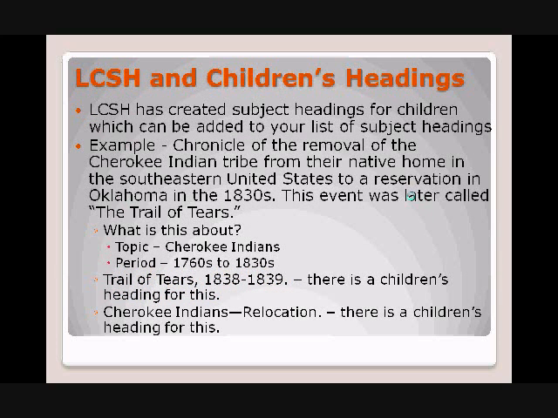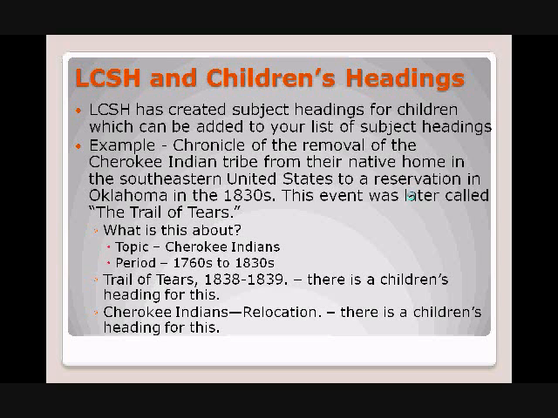Now, the Library of Congress has created subject headings for children, and these can be added to your list of subject headings. For example, there's a book about the removal of the Cherokee Indian tribes from the southeastern United States in the 1830s called Trail of Tears. If you think about what this book is about, it's about the Cherokee Indians during a particular time period.